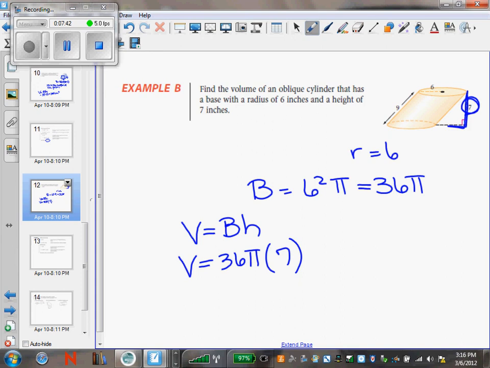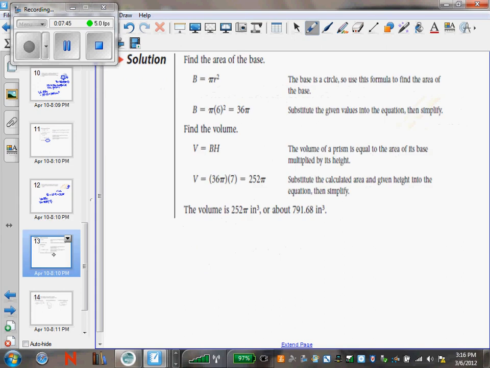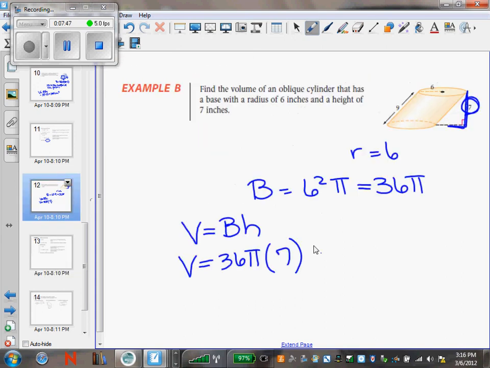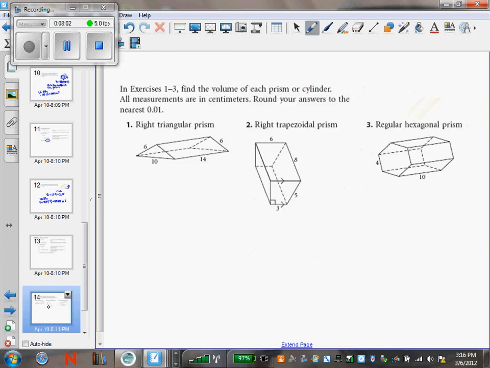So that is how we get our answer of 252 pi. Oh, sorry, that was inches cubed. Inches cubed.